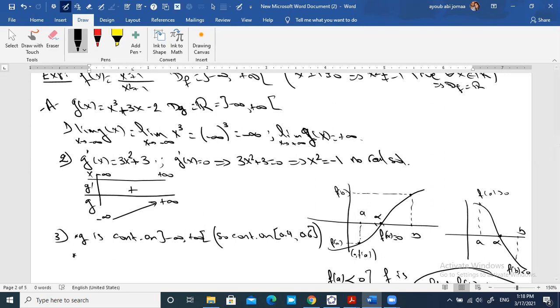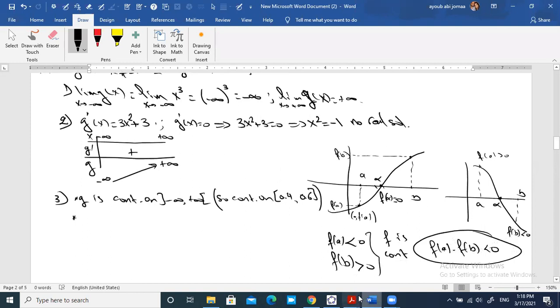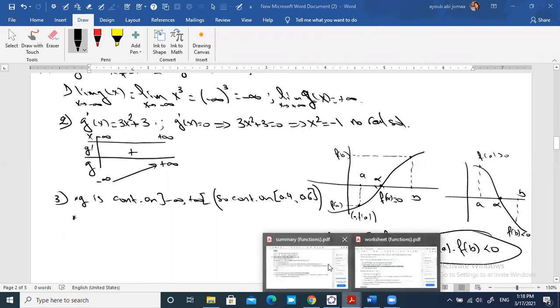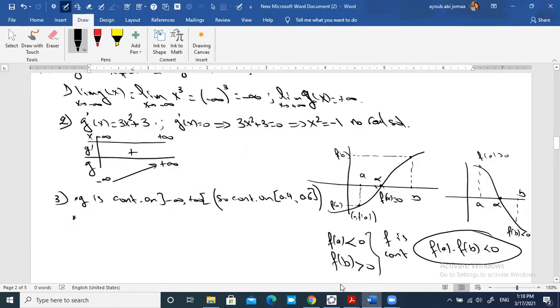Here I just want to clarify a small thing about what we were saying on interval AB. An extra point for this function: it is strictly increasing on R, on negative infinity, positive infinity. And it increases from negative infinity to positive infinity.